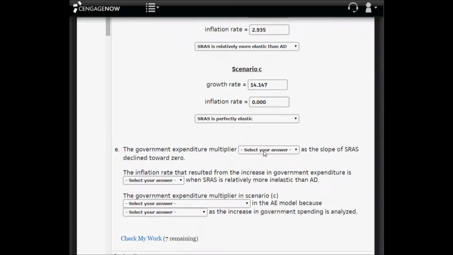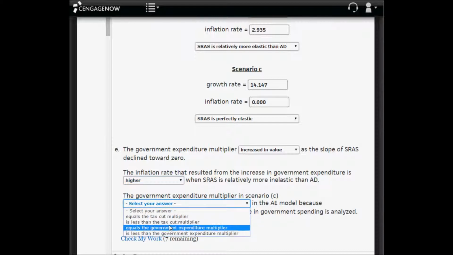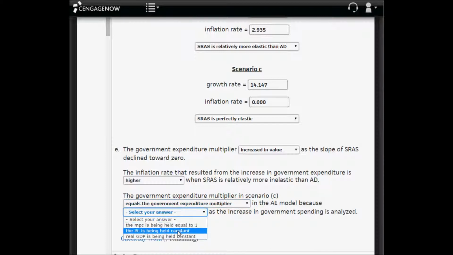Thus, the government expenditure multiplier increased in value as the slope of short run aggregate supply declined towards zero. The inflation rate that resulted from the increase in government expenditure is higher when short run aggregate supply is relatively more inelastic than aggregate demand. The government expenditure multiplier in scenario C equals the government expenditure multiplier in the AE model because the price level is being held constant as the increase in government spending is analyzed.